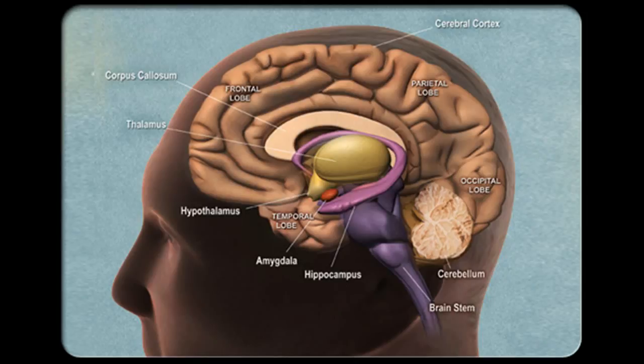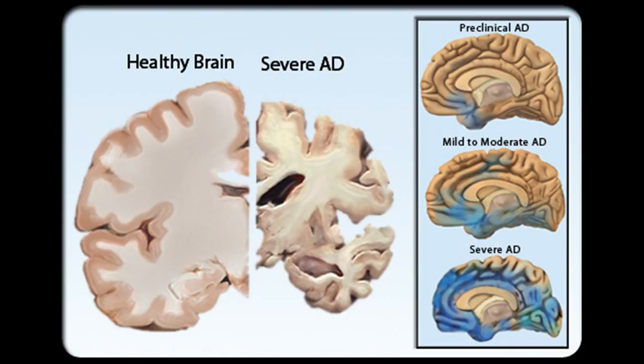Binswanger's disease, BD, also called subcortical vascular dementia, is a type of dementia caused by widespread, microscopic areas of damage to the deep layers of white matter in the brain. The damage is the result of the thickening and narrowing, atherosclerosis, of arteries that feed the subcortical areas of the brain. Atherosclerosis, commonly known as hardening of the arteries, is a systemic process that affects blood vessels throughout the body.